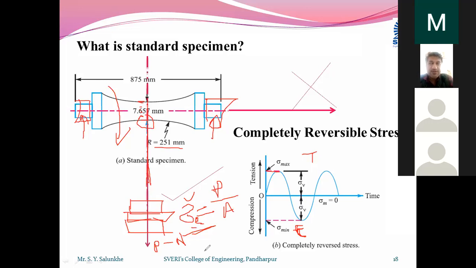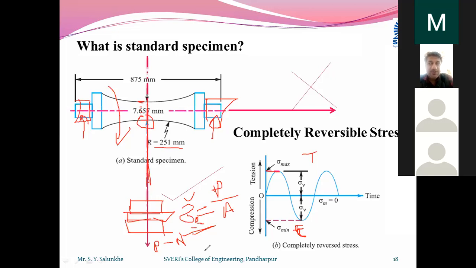And one value of stress will be there where the specimen cannot sustain even a single cycle. When you create compressive stresses and it goes to tensile, the specimen may break. That means it is not going to sustain even a single cycle.